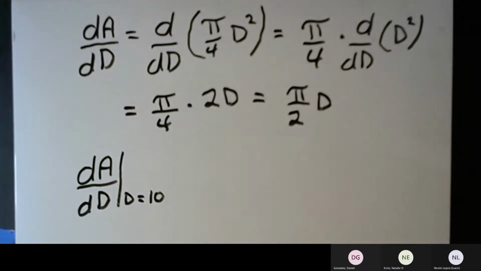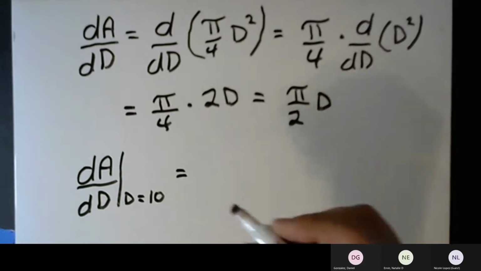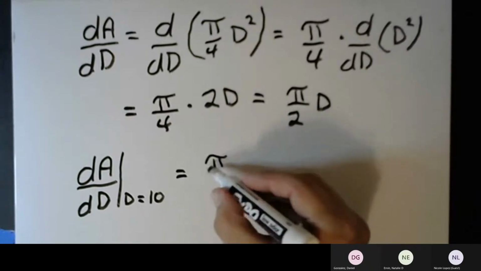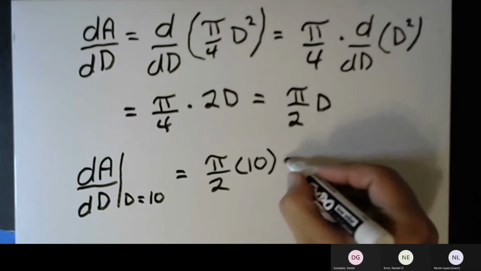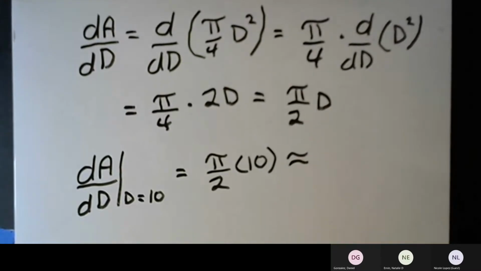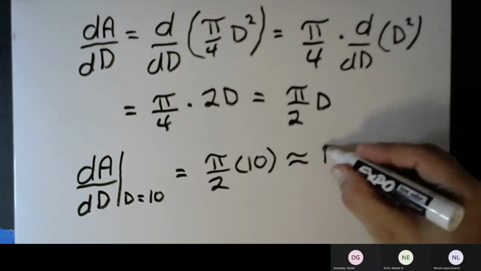Do something like this. This will be pi over 2 times 10. That comes out to about 15.71.